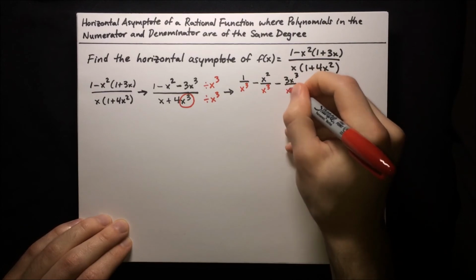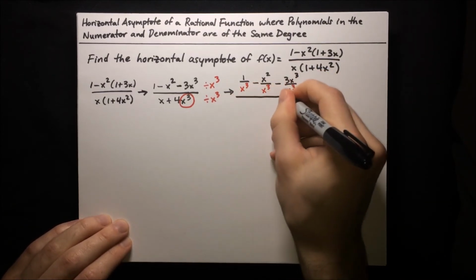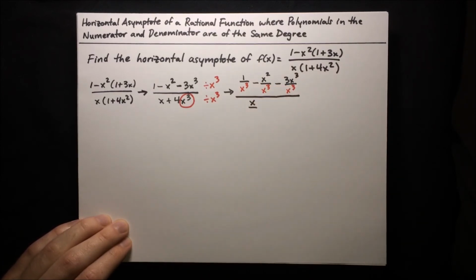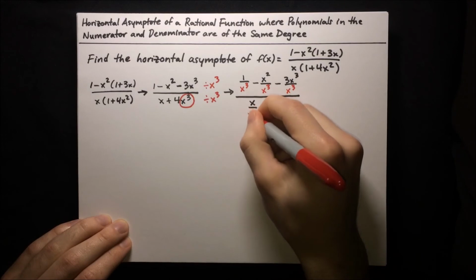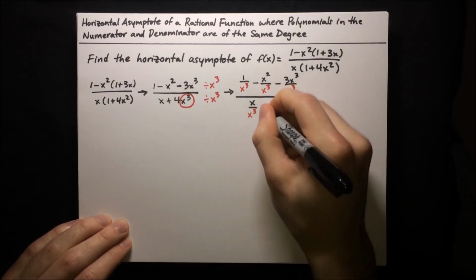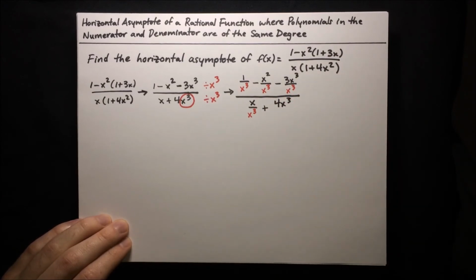That does it for the numerator. And then in the denominator, we just have two terms here. So x divided by x to the third, and then plus 4x to the third divided by x to the third.